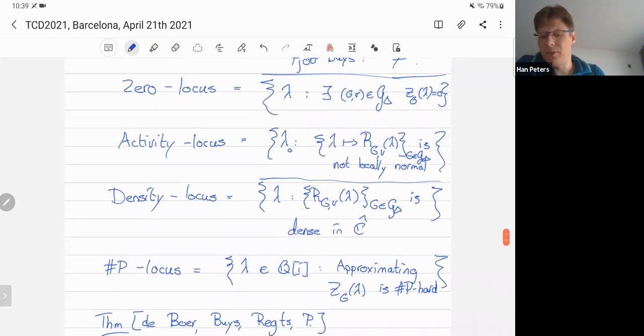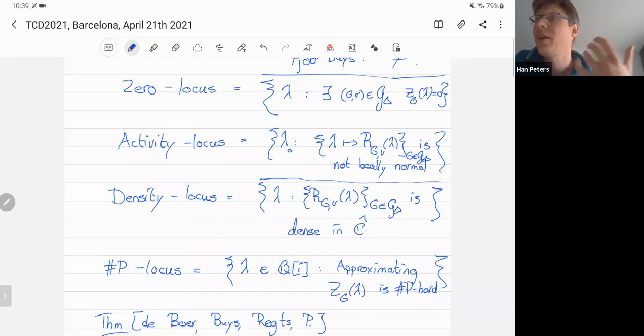Okay, so I would like to say 4 equivalent notions: the closure of the zeros, the set where you're not a normal family for an associated family of rational functions. Then we have density, which is different because there we take a fixed lambda and we look at all the values that you can get. And then the last one is whether approximating the polynomial is a difficult problem.